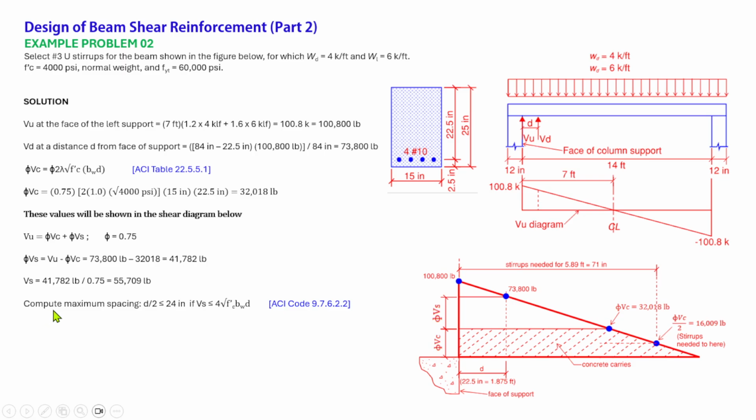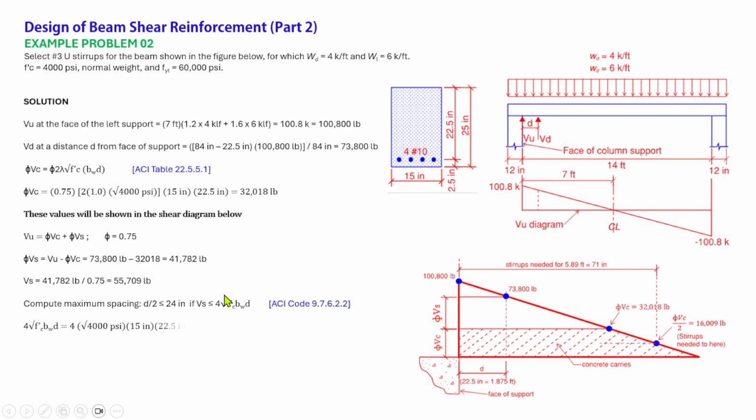To compute the maximum spacing based on the ACI code 9.7.6.2.2, d over 2 is less than or equal to 24 inches, that is if Vs is less than or equal to 4 times the square root of f'c times bd, which is the width of the beam times the effective depth.